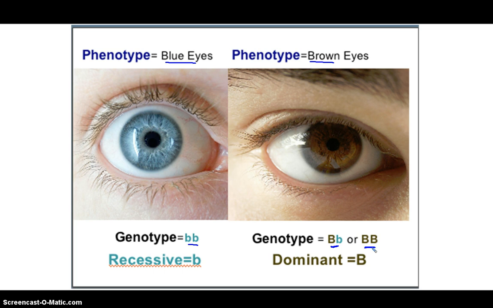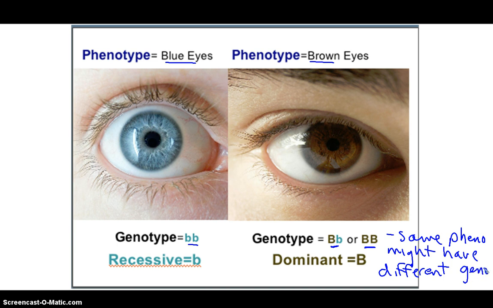So here, the same phenotype might have different genotypes. Big B, little b and big B, big B look the same on the surface.